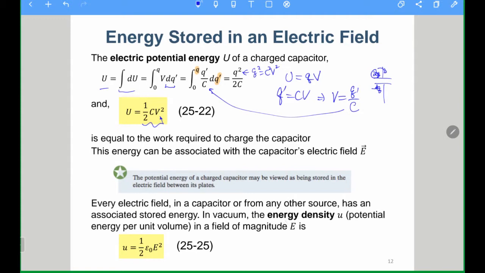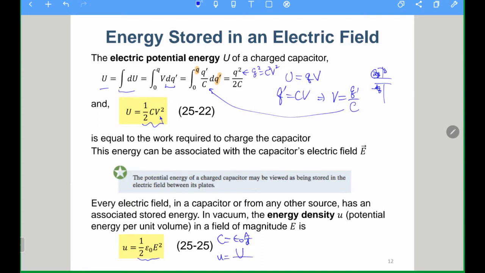Actually, here we do not try to prove this expression to be correct. We just try to verify it for a parallel plate capacitor. For a parallel plate capacitor, if you still remember, C equals epsilon naught A over d. And u equals the total U divided by the volume.